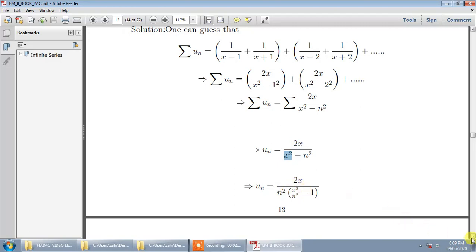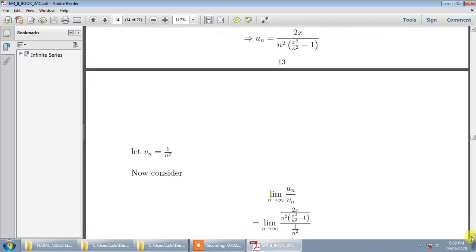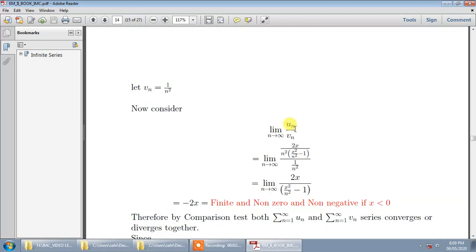Okay, so with that what we will be getting? If I take a ratio of un by vn, so let me claim that vn is equal to 1 upon n square. So if we have un by vn, this becomes 0, we get minus 2x. So answer is minus 2x, which is finite, no doubt.